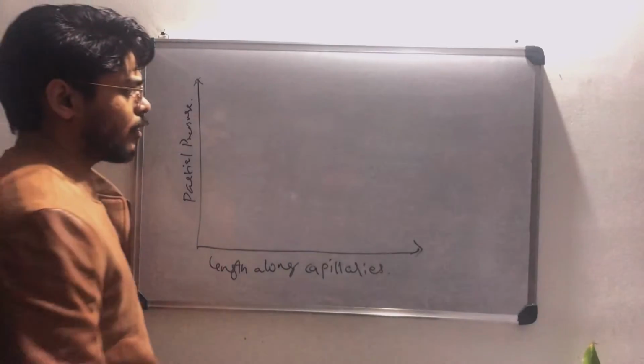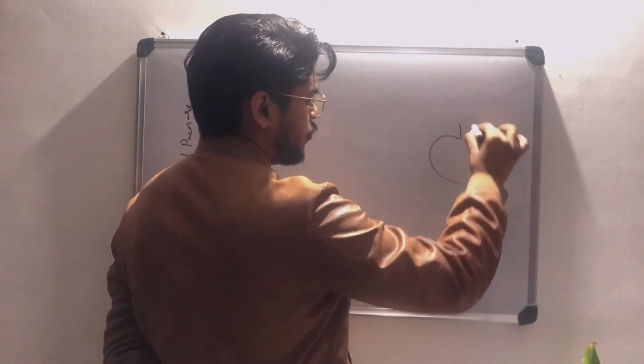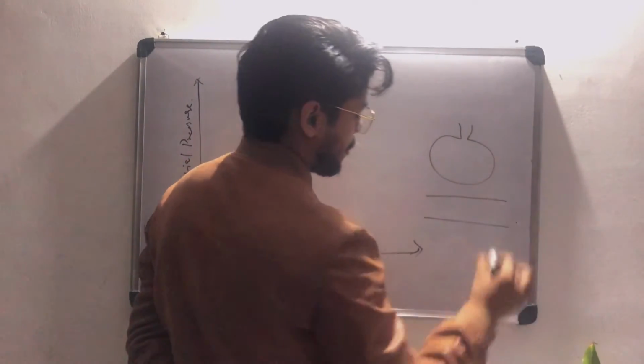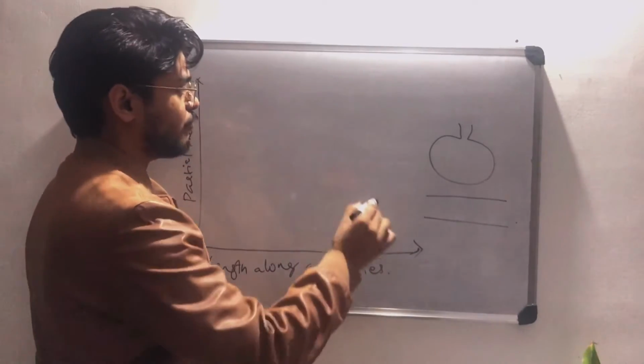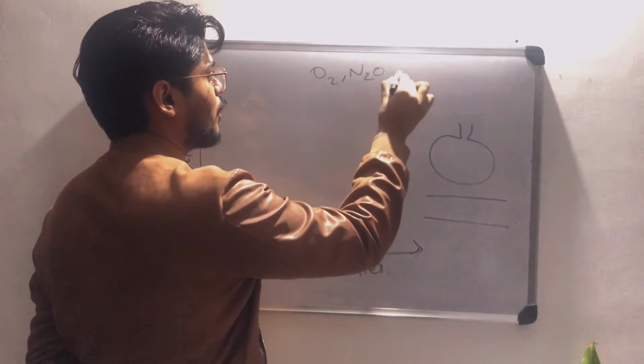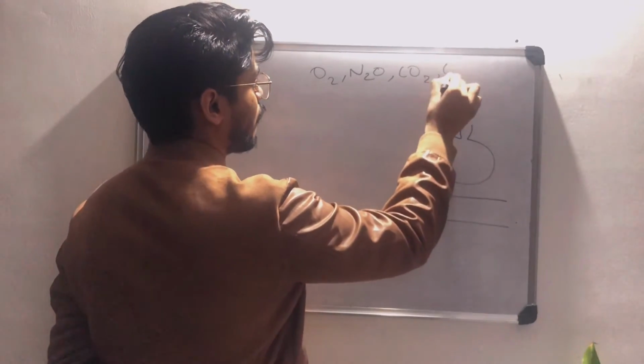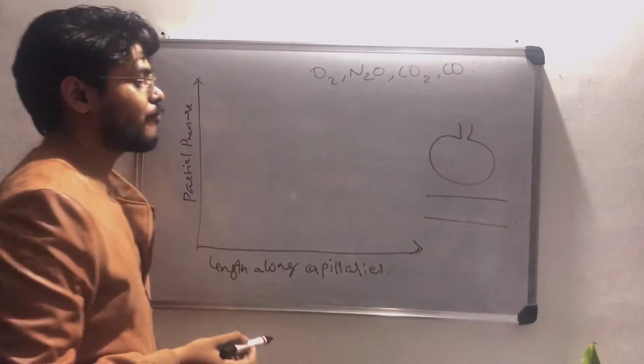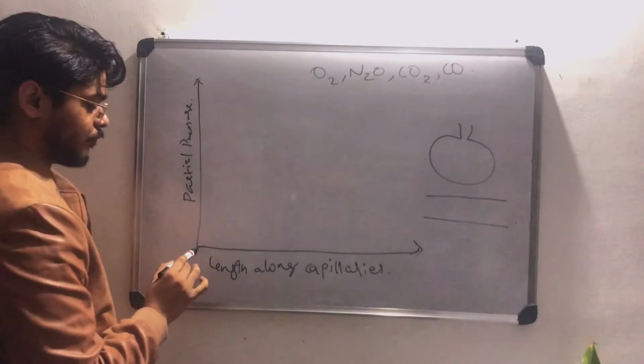So there is alveoli, there is blood vessel. We have oxygen, we have N2O, we have carbon dioxide, we have carbon monoxide. Let's check into that.